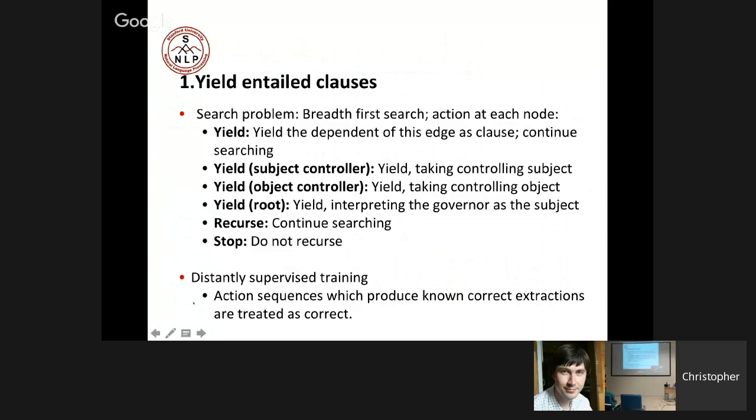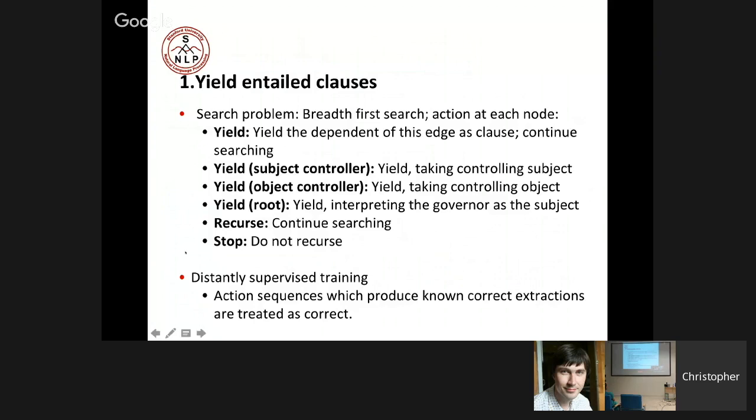And so we have a supervised learning system which tries to yield entailed clauses. It goes breadth first down the search tree, and at each point it decides: is it a point where it can extract a clause, providing it fills in the subject of the current clause from a higher argument of a higher clause; or should it continue searching downwards; or has it gotten below the level of the smallest clause and should it stop.